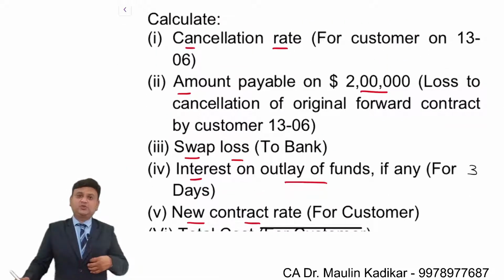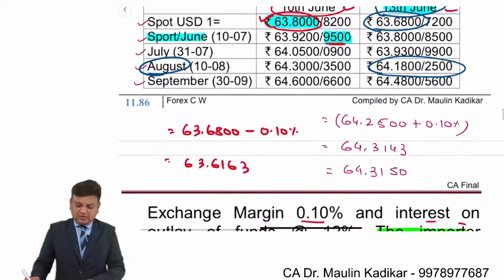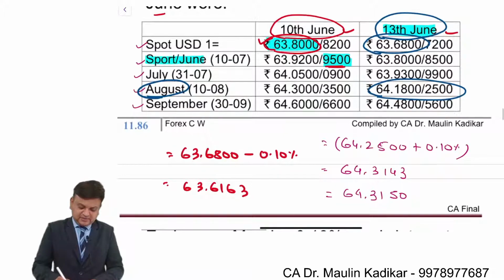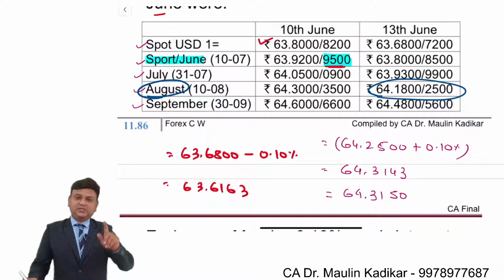Now one by one let us go through the questions. The first question is, what is the cancellation rate? We understand that the cancellation rate on 13th of June when the customer comes is, we know that the original contract was sell of rupees and purchase of dollar. So now sell dollar and purchase rupees.